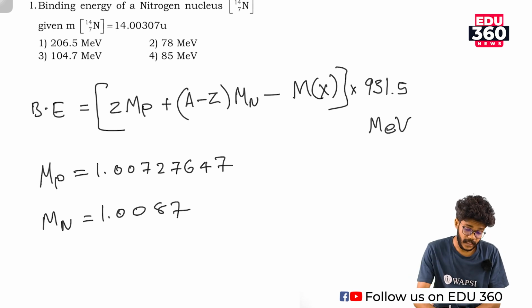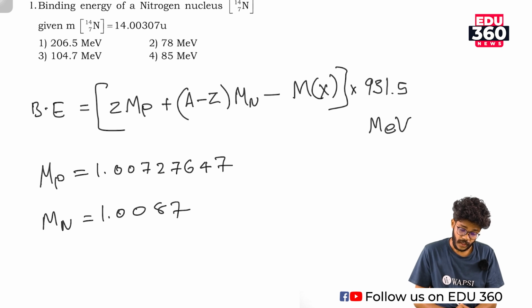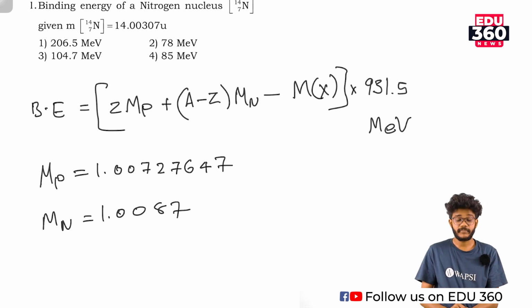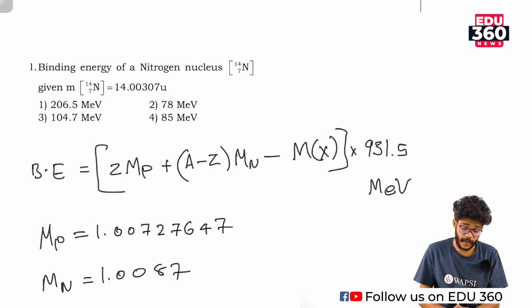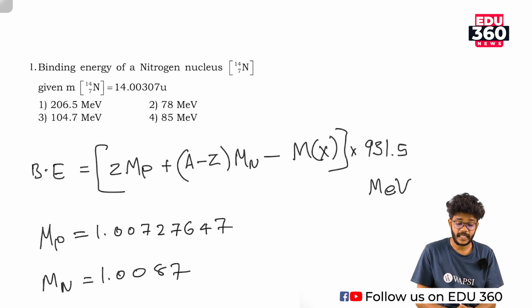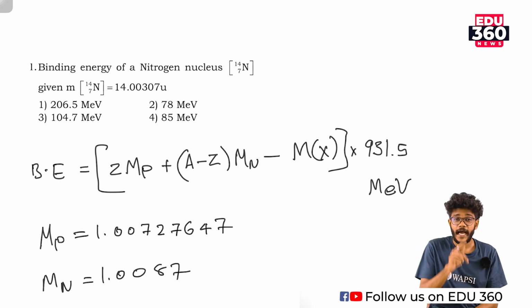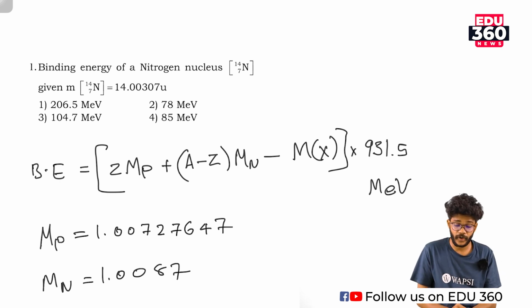In this question, for 14 and 7, 7 is the number of protons, and 7 is the number of neutrons, because in ZXA, 7 is the number of protons and 14 minus 7 again gives 7. So 7 is the number of neutrons.